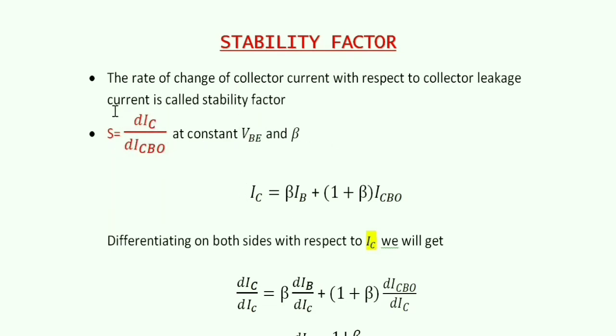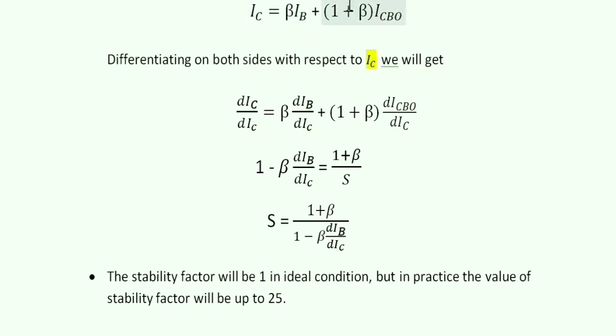If we make these two constant, we can get the stability factor. To get the stability factor, let us take this equation: IC is equal to beta IB plus (1 plus beta) into ICBO. Differentiating this equation on both sides with respect to IC, we get dIC by dIC is equal to beta into dIB by dIC plus (1 plus beta) into dICBO by dIC.